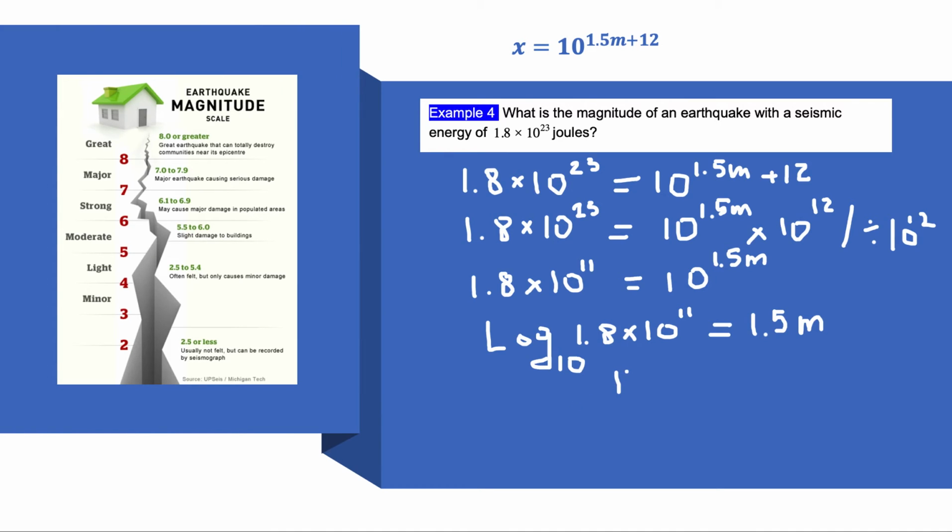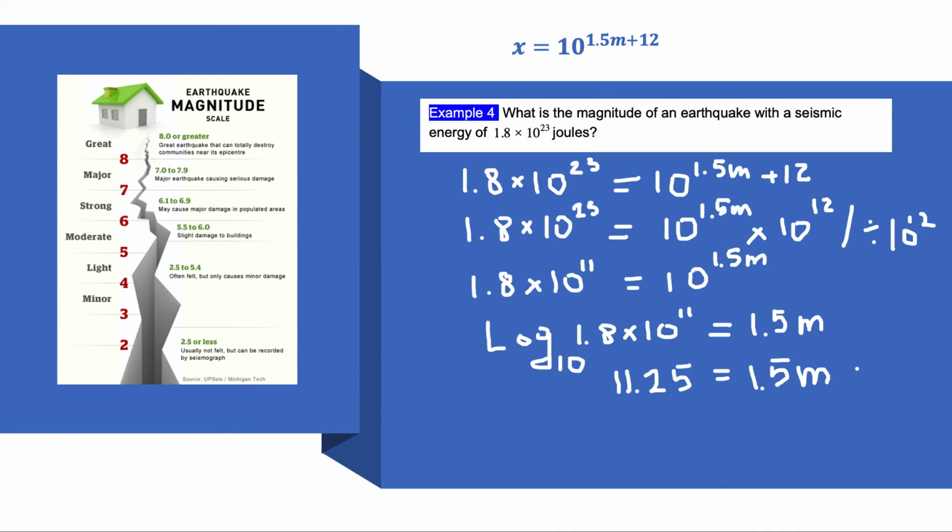I am approximating this number with 11.25. And on the other side is 1.5 m, where m represents the magnitude. So now it's very easy to find the magnitude.